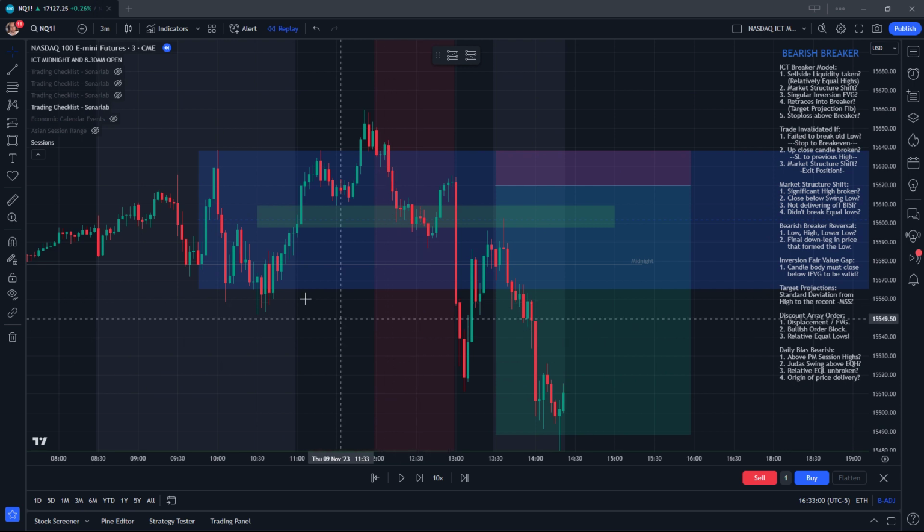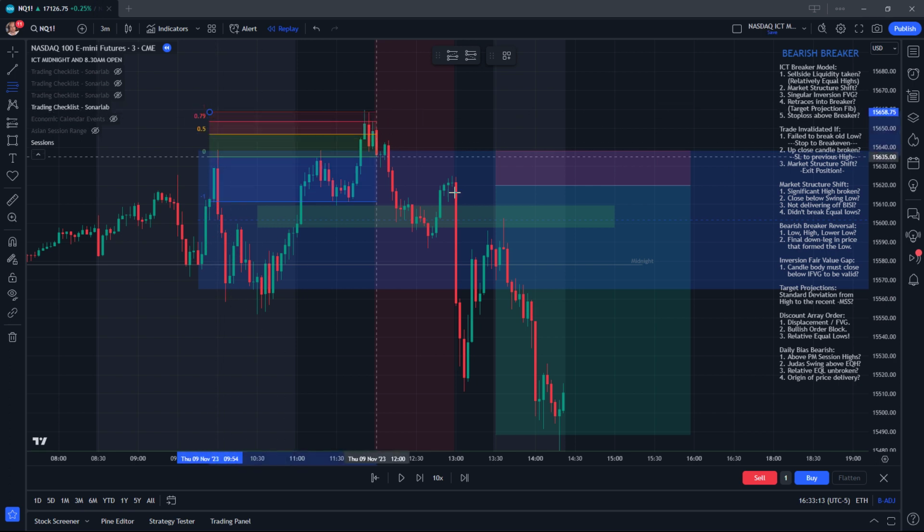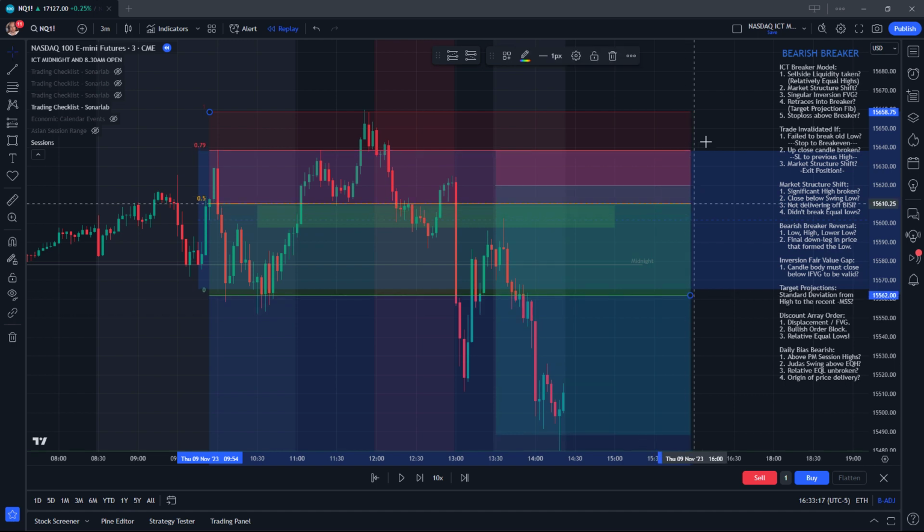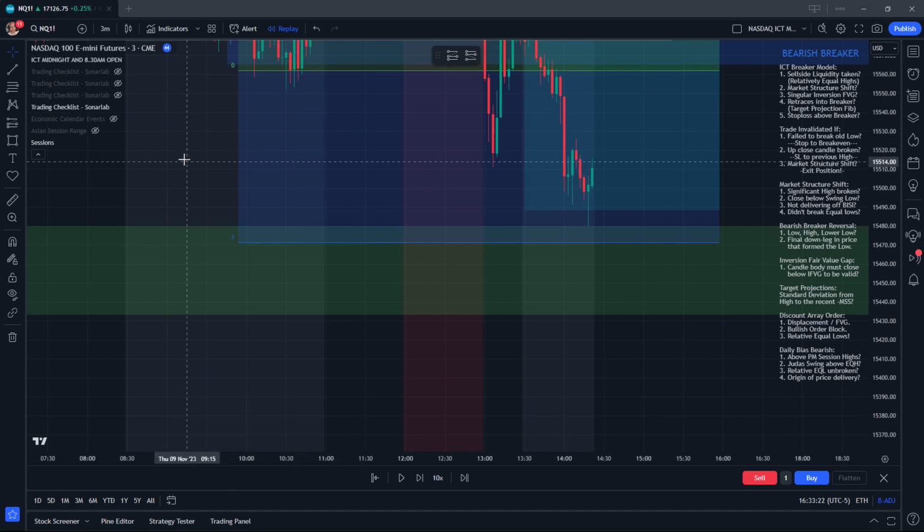How far is it going to go? From the high, not the market structure shift low, but just the point at which it made the low, and we'll just use the bodies to get the conservative target.